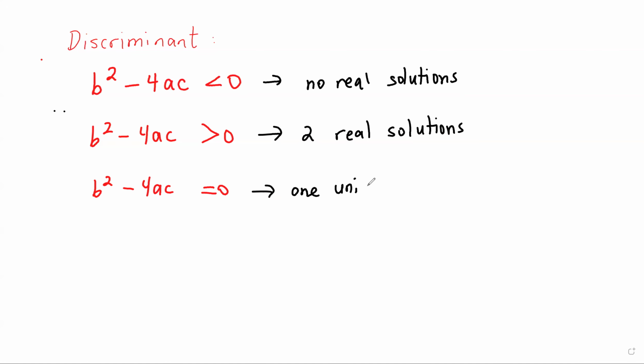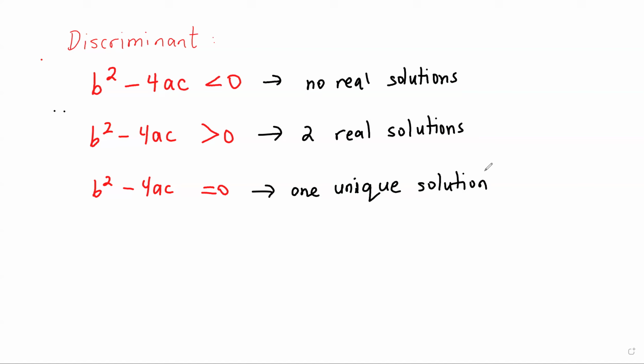And that is how we could tell what type of solutions any quadratic has, right? So one unique solution if the discriminant b squared minus 4ac is equal to 0, and then if it's less than 0, if it's greater than 0, right?